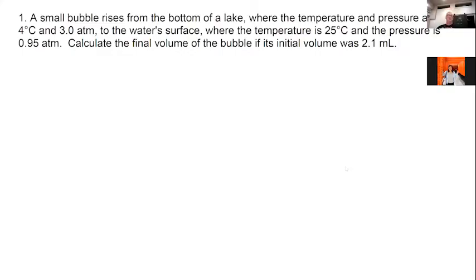Okay, so this first one, I think everyone eventually figured it out. But what I wanted to show was how to use PV equals nRT to figure out everything else.